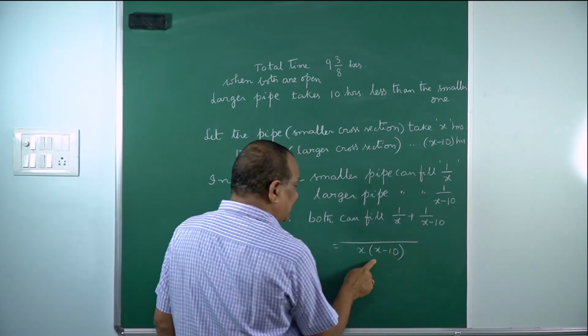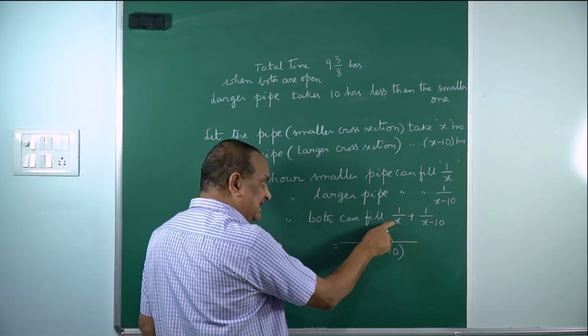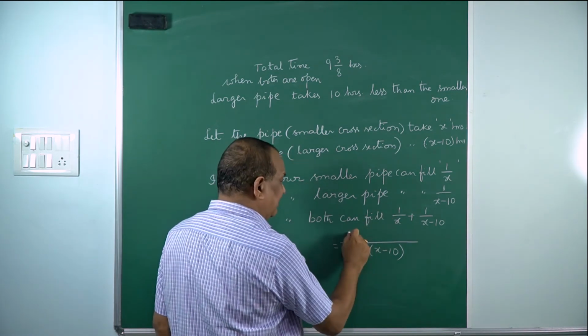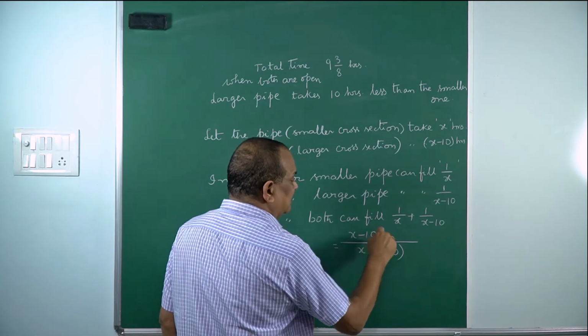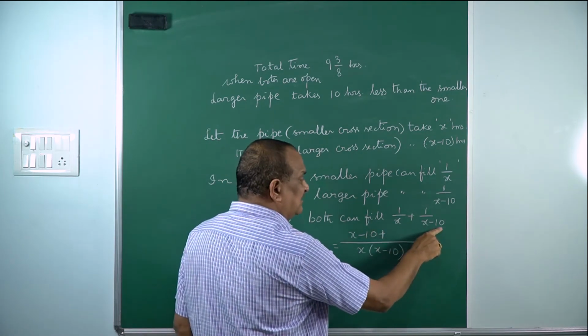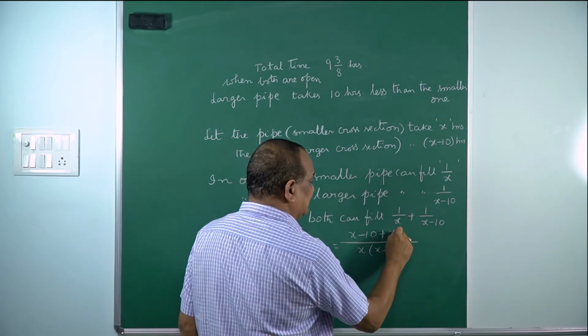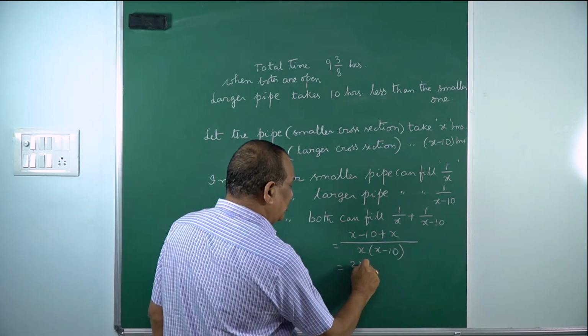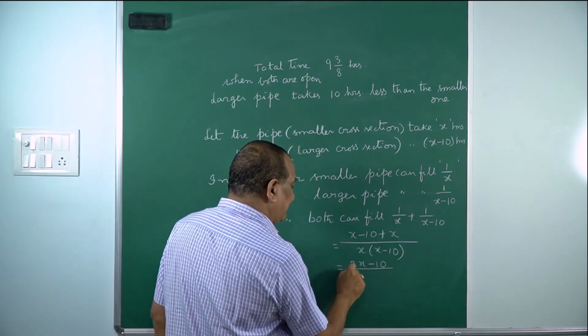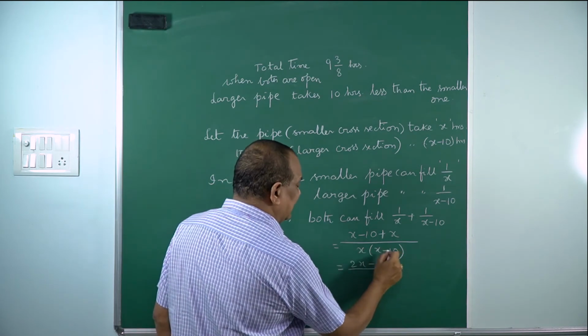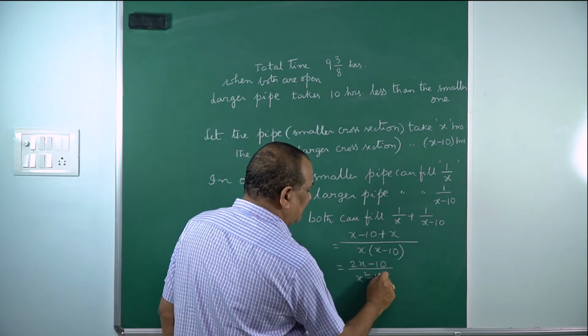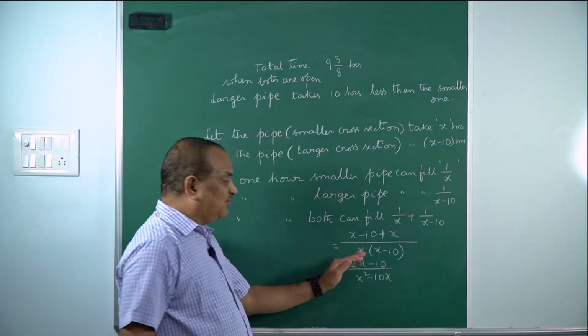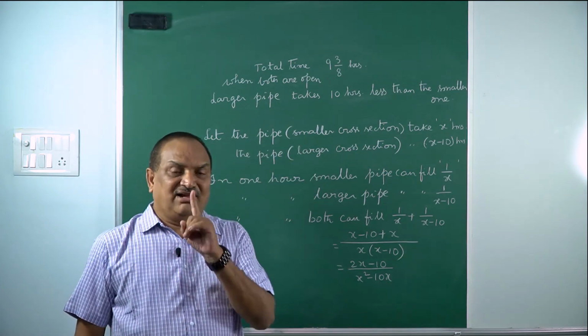In this product, this X goes X minus 10 times, that multiplied by 1, X minus 10 plus. In this product, X minus 10 goes X times 1X. So your answer is 2X minus 10 by X square minus 10X. This is what can be done in 1 hour.